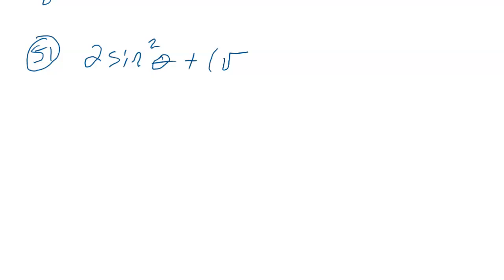Oh, we'll see. 51. This is 2 sine squared theta plus the square root of 2 minus 1 times sine theta equals square root of 2 over 2. Yikes. I don't know yet.